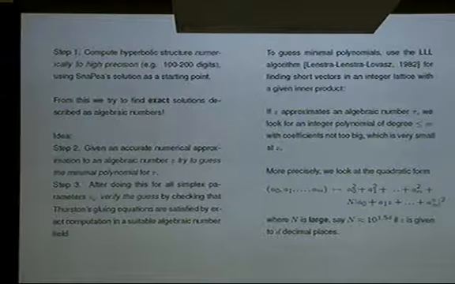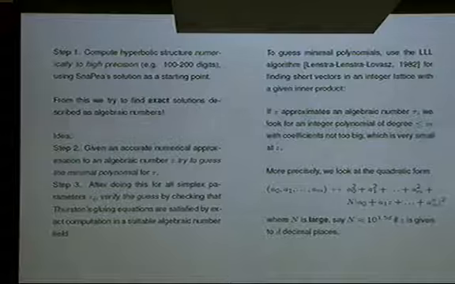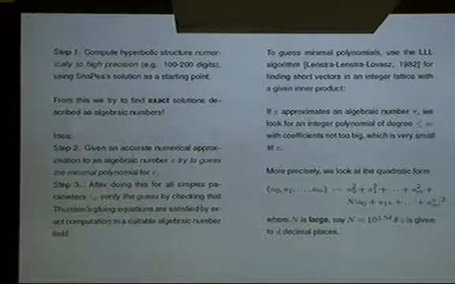Suppose z is some sort of numerical approximation to some algebraic number tau. What we're going to do is look for an integer polynomial, let's say of degree less than or equal to m. So we might assume we're looking for a polynomial of degree less than or equal to 20.